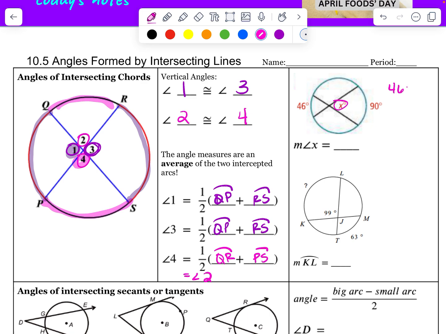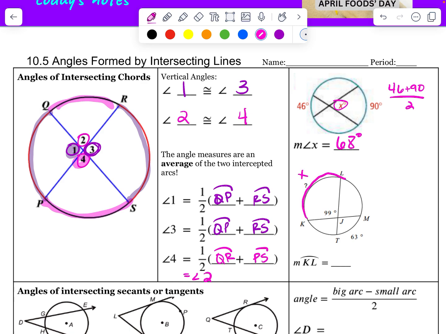So 46 plus 90 divided by 2 is going to be, whoops, I'm typing things into my calculator wrong. 68 degrees. Here we're going to have to use an X because we're trying to come up with this arc right here.